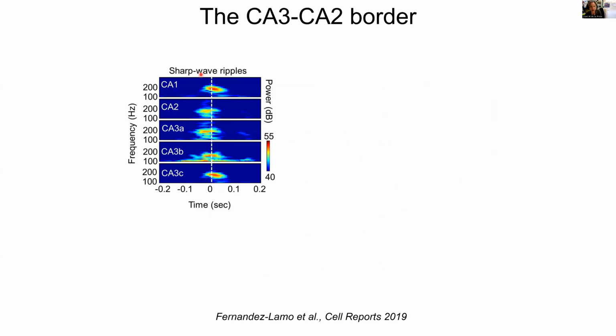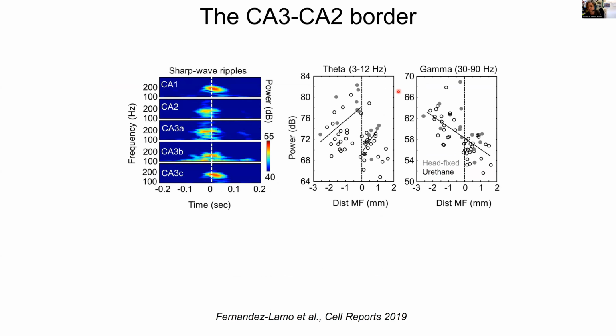So as we said, if we align the sharp-wave ripples recorded across different regions by the peak in the CA1 event, you see that in the region of CA2 there is this earlier contribution of the high frequency oscillations before the peak. But this is also happening in CA3a, b and c, and was not that easy to identify.